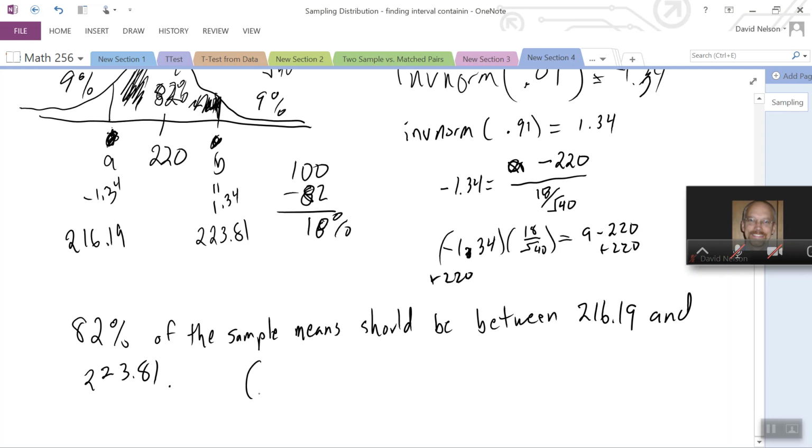As interval notation, we'd write that as 216.19 comma 223.81. For interval notation, we use either square brackets or curved brackets. Let's use curved brackets in this case, and say that we have to be between 216.19 and 223.81 to capture 82% of our values.